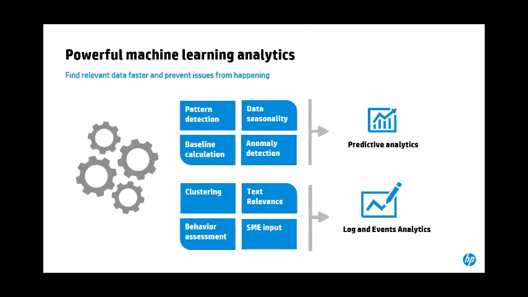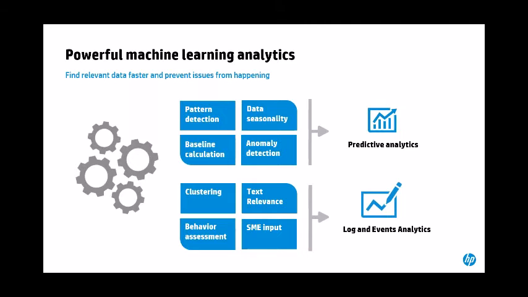It also calculates what is a normal baseline that is customary for your business. And with our predictive analytics, we're also able to detect any anomalies that are not normal for your business. I'll go into that a little bit later.